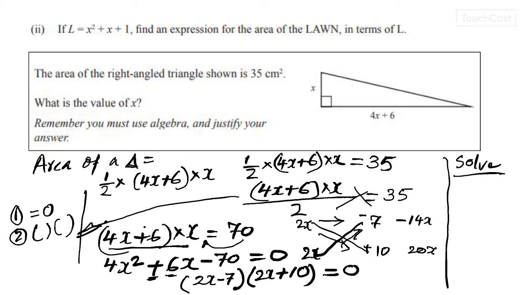So quite a few steps: rearrangement, factorize, then solve. If I solve it, either x should be 7 over 2, or x should be negative 10 over 2.